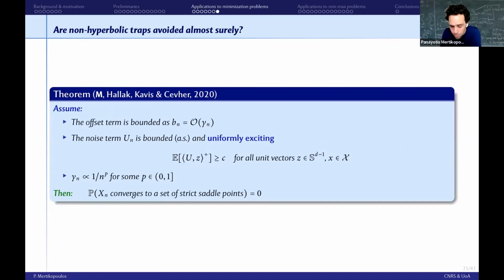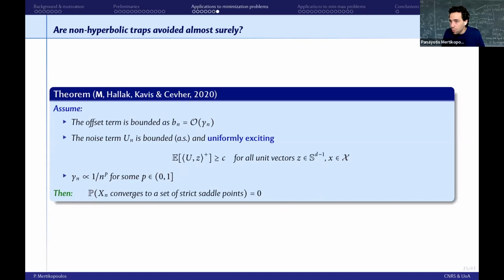What we also managed to do, this was in our paper with Nadav Hallak and again Ali and Polyak in NeurIPS 2020, was that if we have an offset term, which is sufficiently big to cover the various extra-gradient, optimistic gradient algorithms that I talked about before, and the noise satisfies the same assumption as in Pemantle, and we take any vanishing step size of the form 1 over n to the p, then we can show that the probability that x_n converges to a set of strict saddle points is precisely 0.